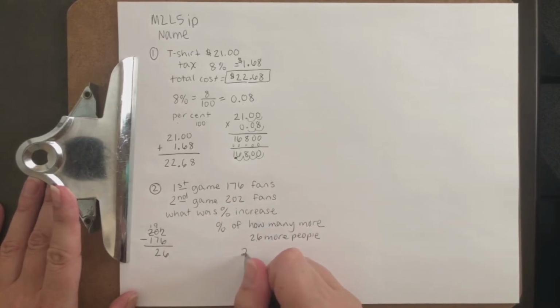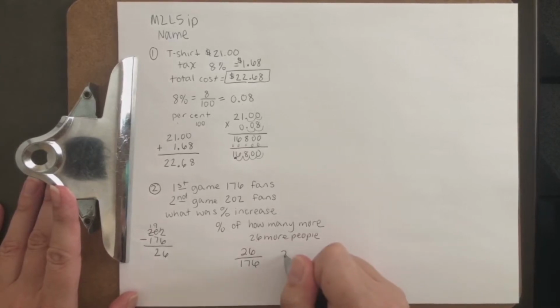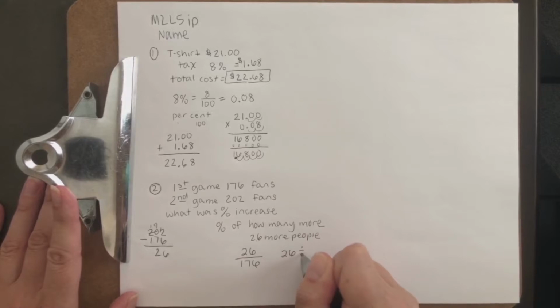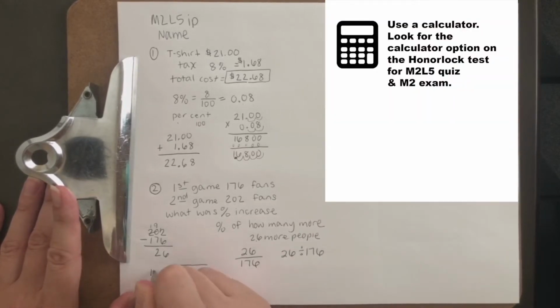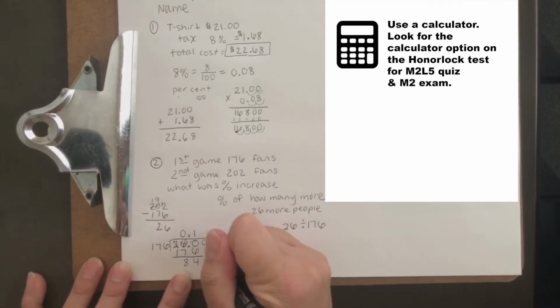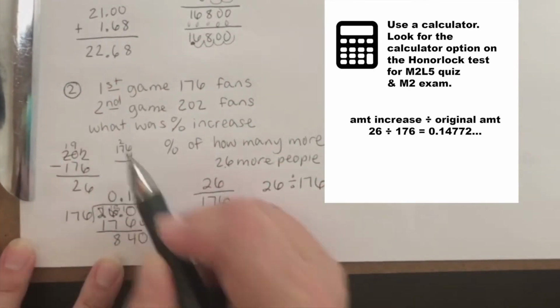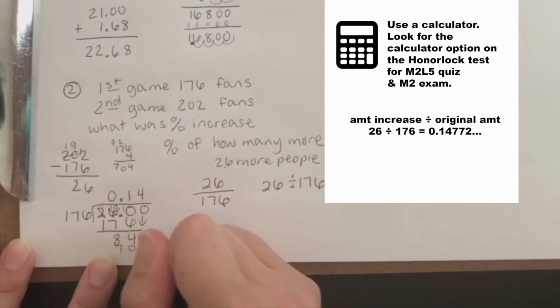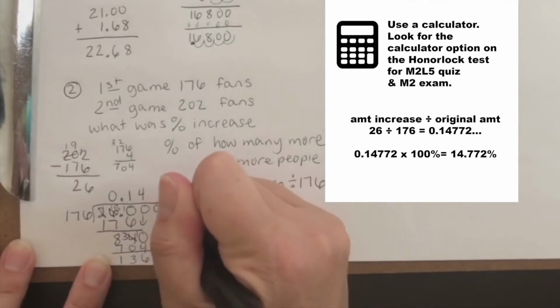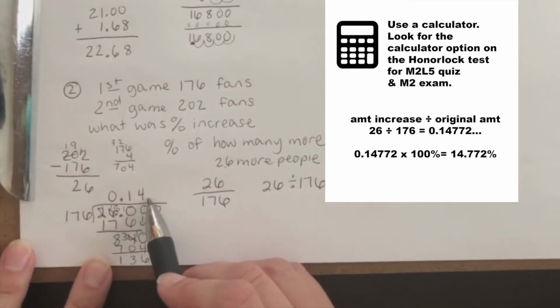So we're going to do 26 over or divided by 176. You could also write this as 26 divided by 176. Please just use a calculator for this part of the calculations. I have activated the calculator function on the tests for this lesson, Module 2, Lesson 5, and for the Module 2 exam.